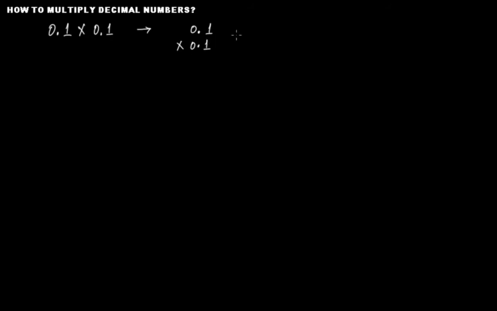Like whenever we have to multiply, 23 times 38, let's say. So whatever steps you follow, same thing you have to follow here also. Just what you have to do is, for a moment, forget these decimal numbers. Simply think like you are multiplying only 1 with 1. Okay, just forget this.